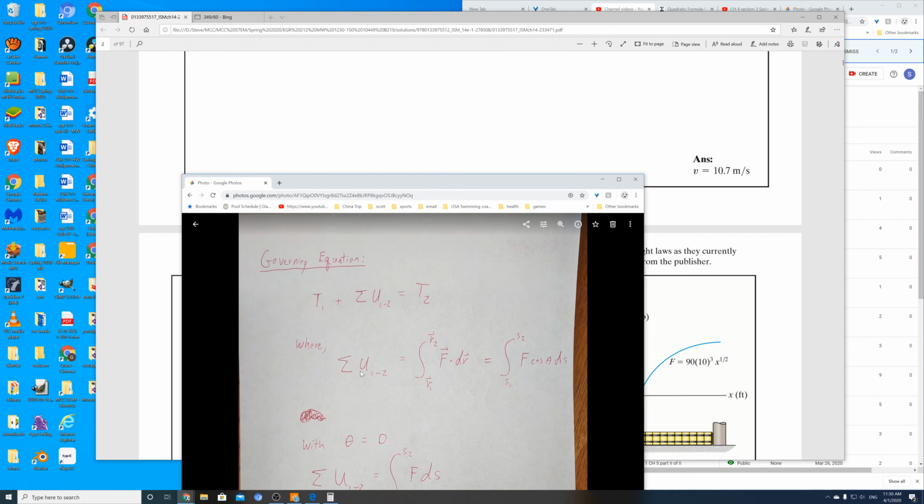If you remember from previously, the work equation is the vector force dotted with the incremental vector displacement, from the original position to the final position.